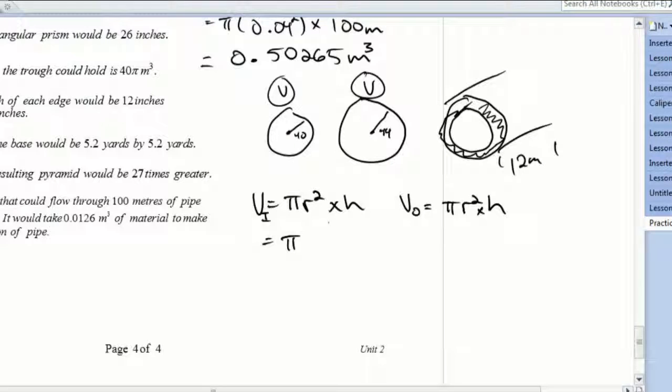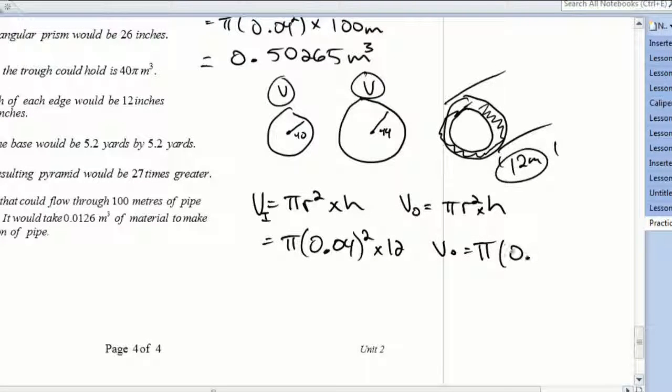In this case, I'll do this all in meters because the length is given in meters, so it is 0.04 squared times 12. You can do the exact same thing here, except I don't have 0.04, I have 0.044 because it's 44 long, times 12. And I'm going to calculate each of those separately.